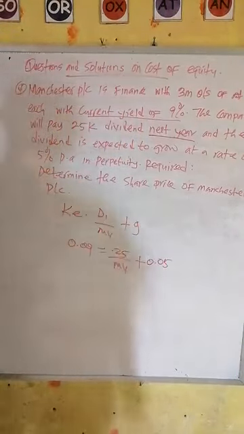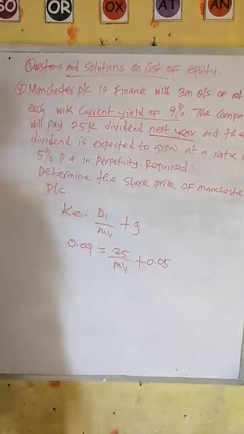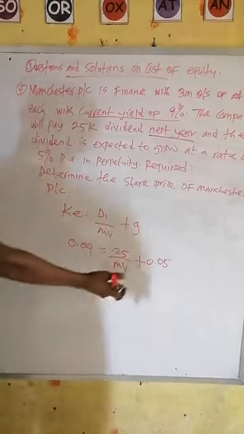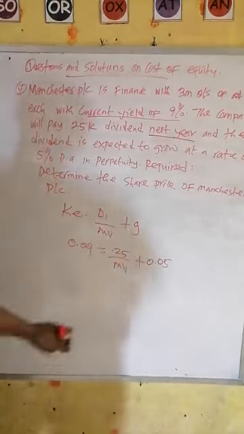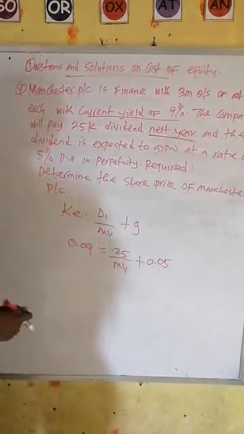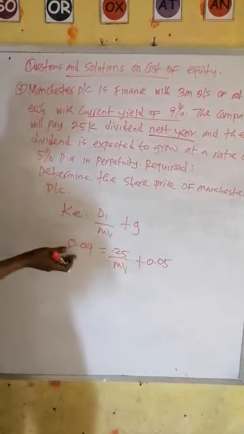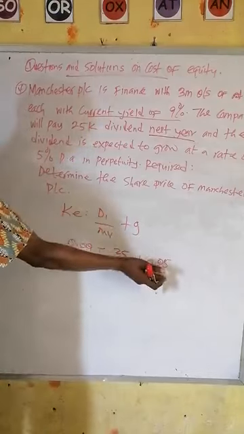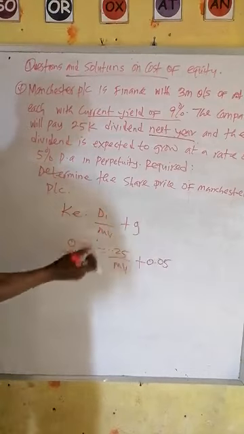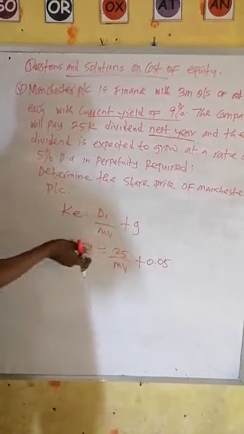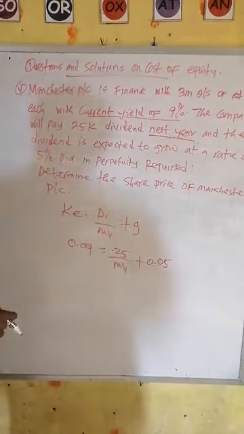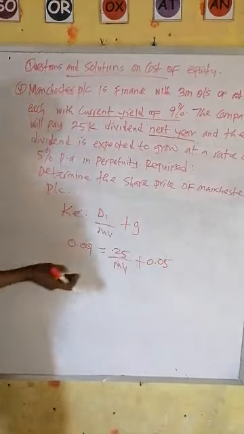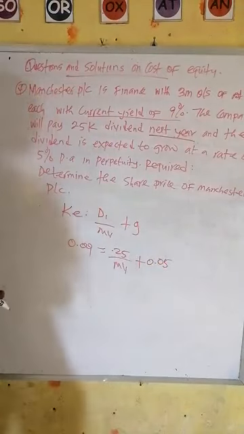Okay, so what are we going to do from here? You can do two things here. You can multiply by expanding, or you can collect the like terms first, bringing this to this point, because these are the like terms.